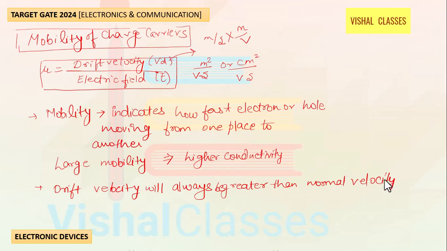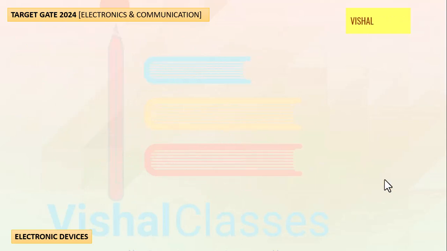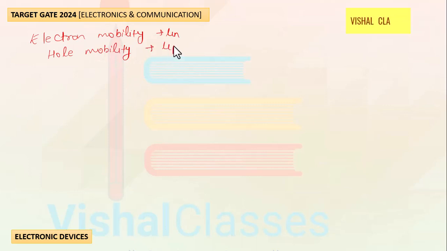Let's see, electron mobility is represented by mu n. Hole mobility is represented by mu p.